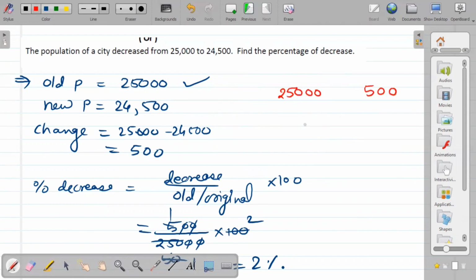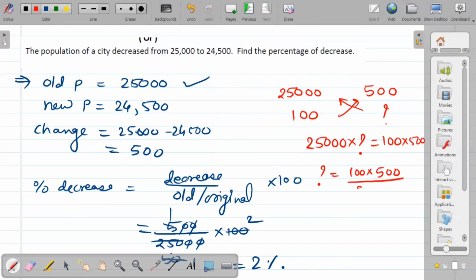Now the same you can solve with this method also, by logic: on 25,000 a decrease of 500 is there. Finding percentage means finding the value out of 100. So on 100, how much decrease is there? You can do the cross multiplication: 25,000 multiplied by question mark equals 500 multiplied by 100. If you solve this, it will give you the same answer as we got with the formula.